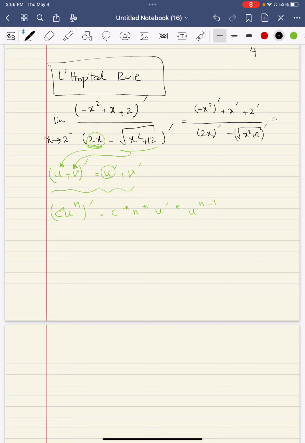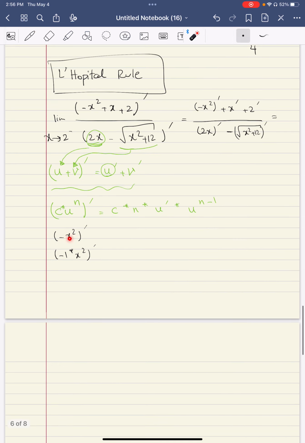Let me write it down in here. Minus x to the power of 2, prime. So we have minus x to the power of 2 here. You can write it as minus 1 times x to the power of 2. Then you can see that your c is negative 1, your u is the x, and the n is the 2 in here. So if you want to solve this derivative question, you will use this formula.